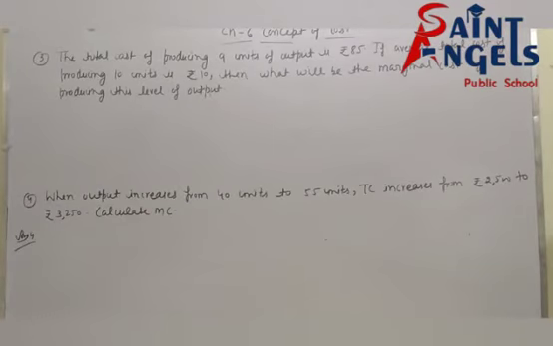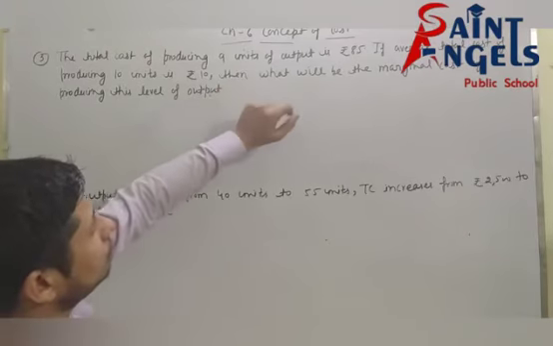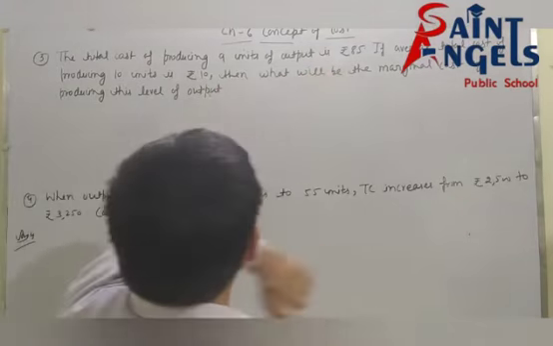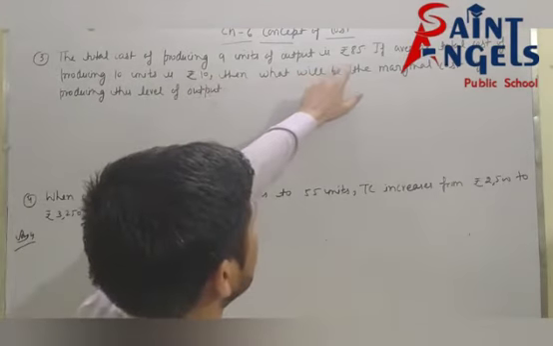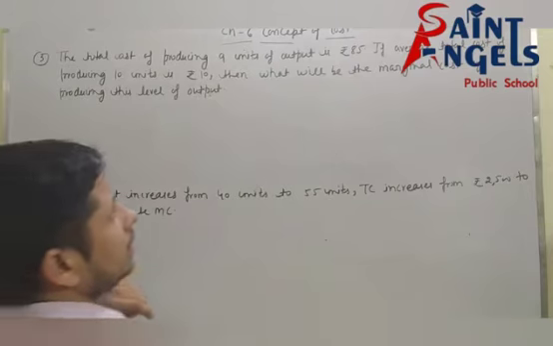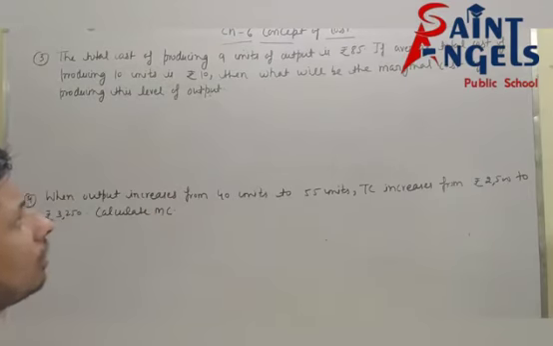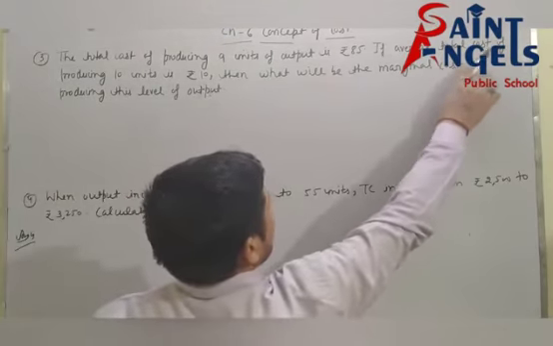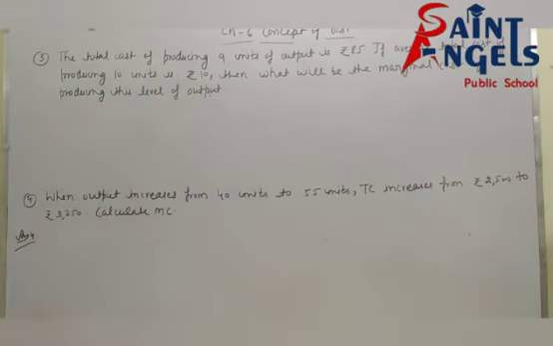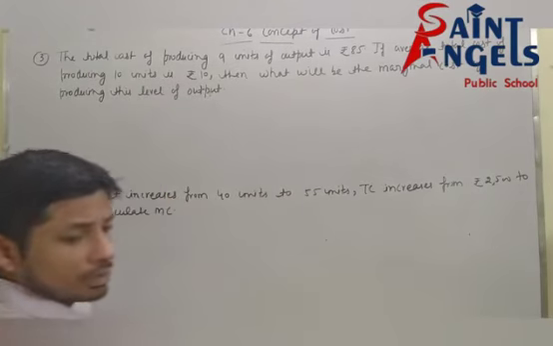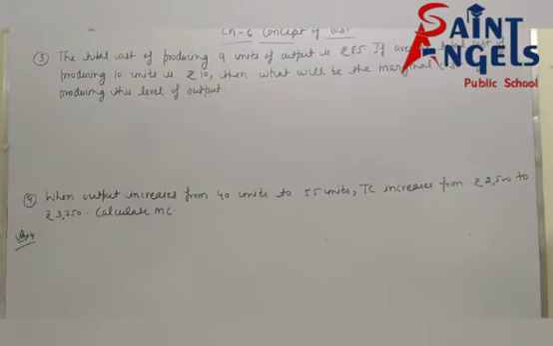See the third question. The total cost of producing 9 units of output is rupee 85. If the average total cost of producing 10 units is rupee 10, then what will be the marginal cost of producing this level of output?